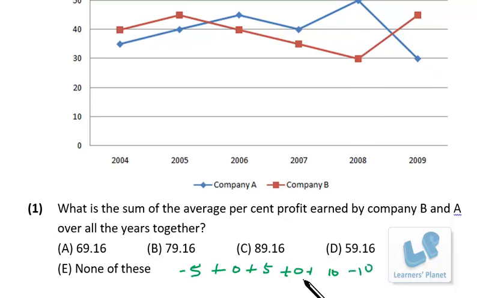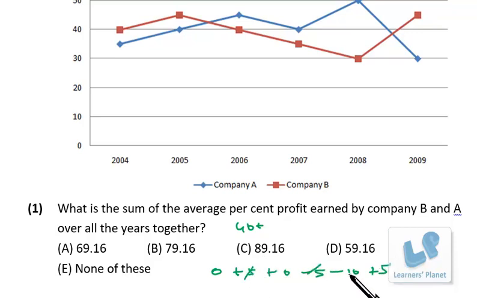So everything is 0, that means the average of company A is 40. Now in similar manner we can find out the average of company B. In this case also we can assume 40, okay, 40 will be good. So here 0 plus 5 plus 0 minus 5, then this is minus 10 and this is plus 5.